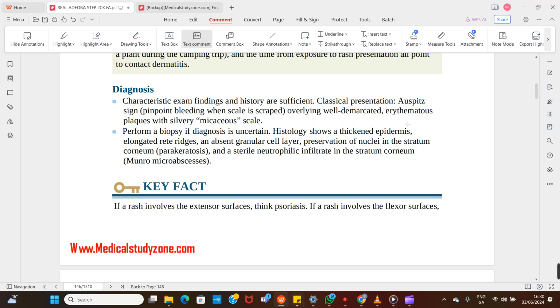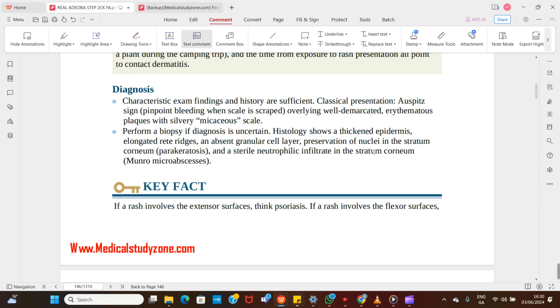There's going to be parakeratosis. Parakeratosis means retention of the nuclei of the keratinocytes in the stratum corneum. Normally, when they get to the stratum corneum, they are supposed to lose their nucleus, but it is retained in people with psoriasis, and that is what we call parakeratosis. You can see this in a question as the answer. Once you have made a diagnosis of psoriasis, the next thing is what will be your finding on histology, right?